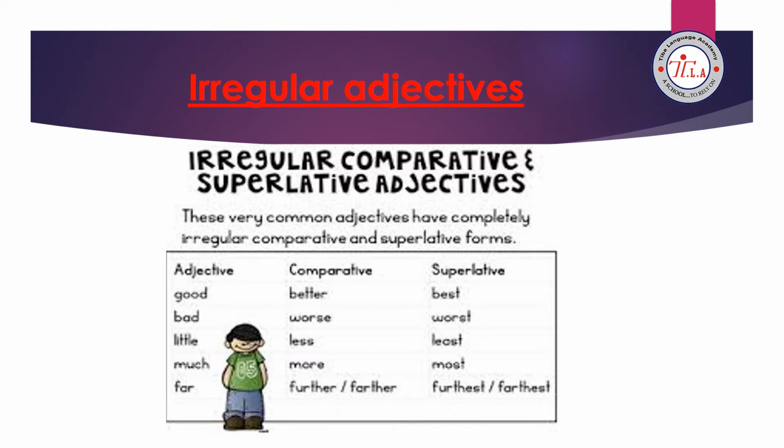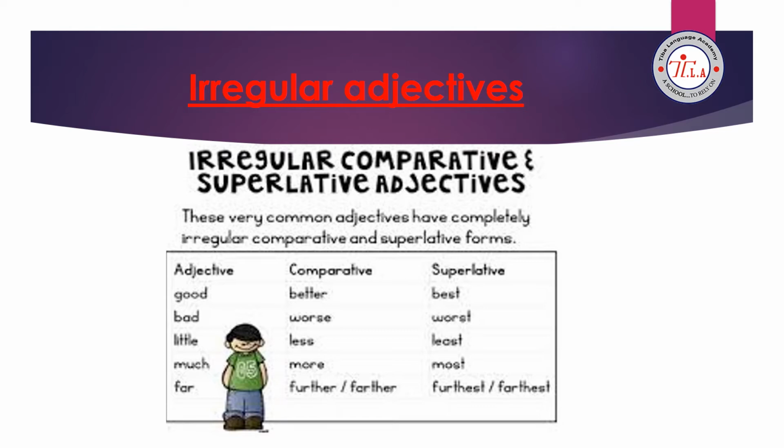Now, guys, we have something irregular. You know, English always has irregular forms. With adjectives, we have some irregular comparative and superlative adjectives. Look at this photo. The comparative of the adjective good is not gooder.